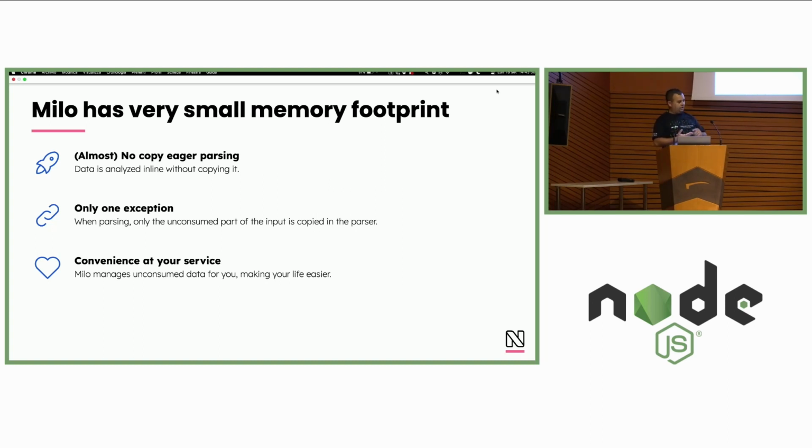There is just one exception, different from LLHTTP: if you give me enough bytes and I don't consume all of them, I batch the missing bytes in a separate buffer, and when you give me the next chunk of data, I will prepend it. So you don't have to count how many bytes I actually consume or not in case of partial messages. It's just convenience for the user DX.